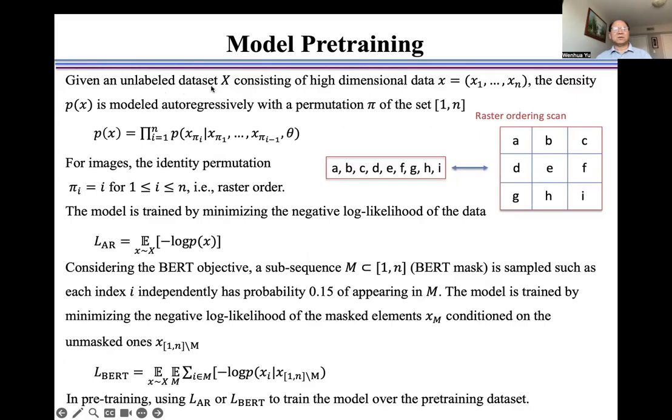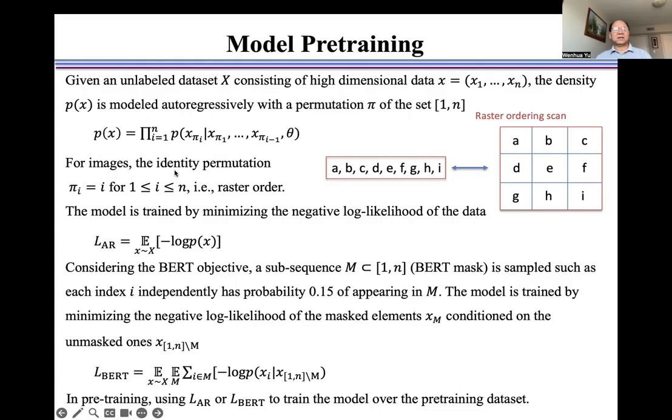Given an unlabeled dataset X consisting of high-dimensional data x, the density p is modeled autoregressively with a permutation pi of the set 1 to n, as shown here.